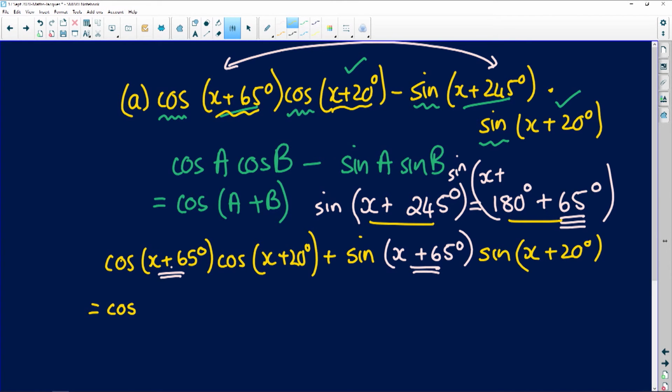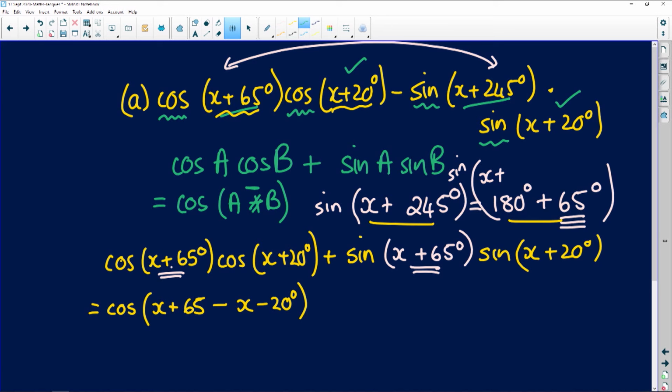That's a plus, so I minus the second angle, x minus 20. Remember, if this is now a plus, let's change this to a plus, then this becomes a minus.